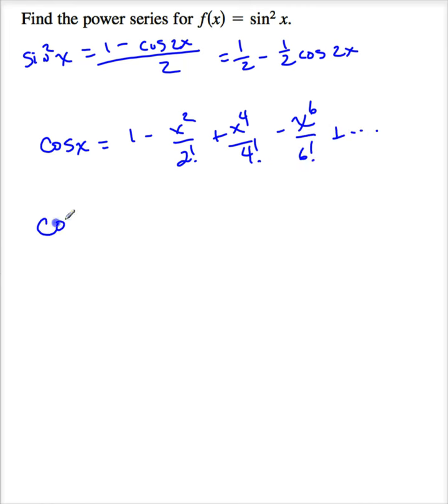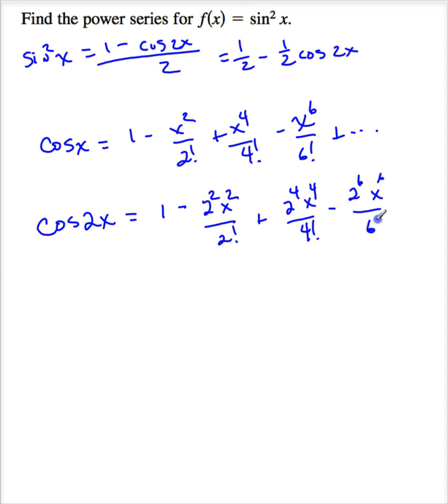So cosine of 2x can be written as 1 minus 2 squared x squared over 2 factorial plus 2 to the fourth x to the fourth over 4 factorial minus 2 to the sixth x to the sixth over 6 factorial, and we keep adding.